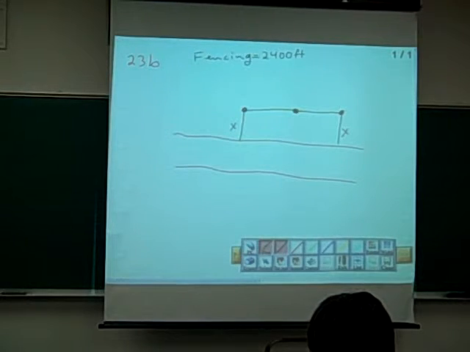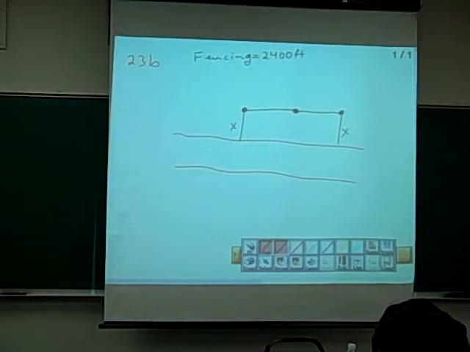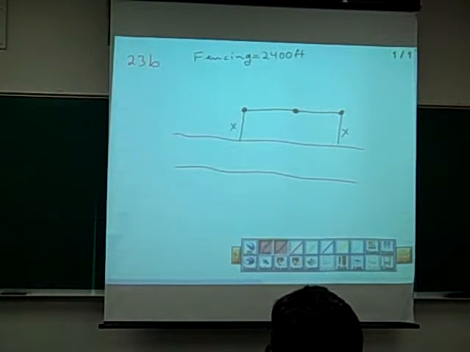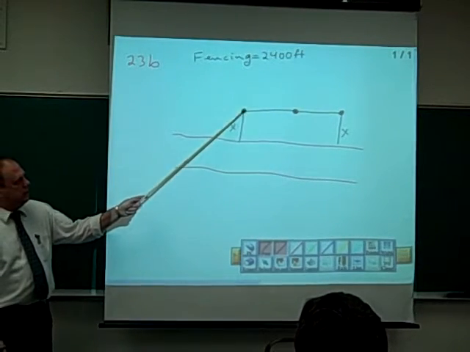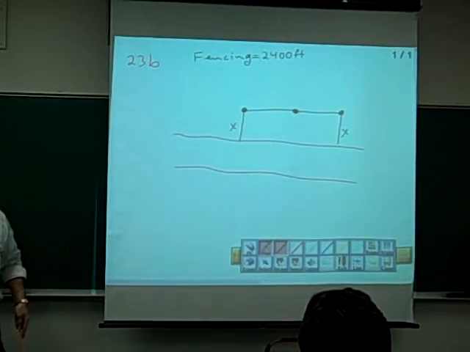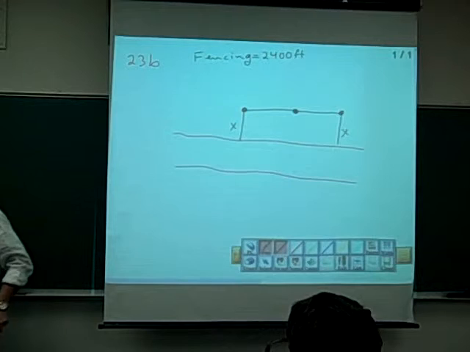Alright, so really what we have here is what kind of a problem? Is it area? Is it perimeter? Perimeter, right? But the problem with perimeter is that normally we go all the way around, right? We go width and then length, width and then length, right? Well, the problem with this one is there's 2 widths but only 1 length.